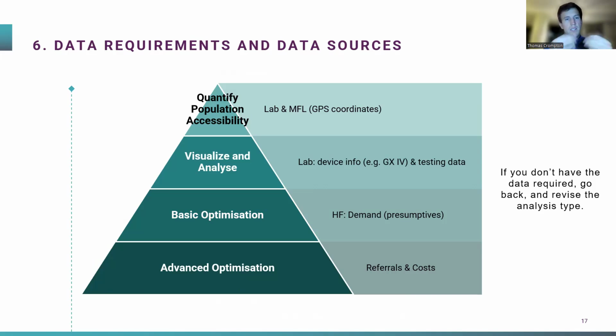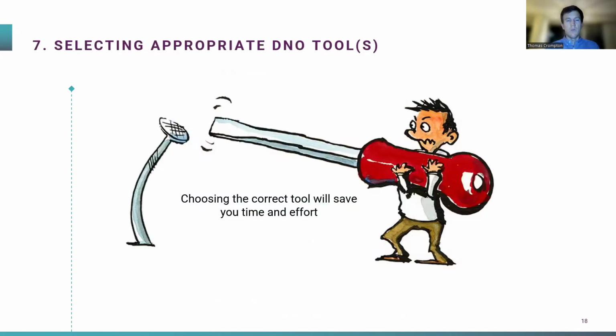Let's say you've decided on what data you have, and then you can proceed to choosing a tool. There are quite a few tools out there, and choosing the correct tool will definitely save you time and effort in your analysis.